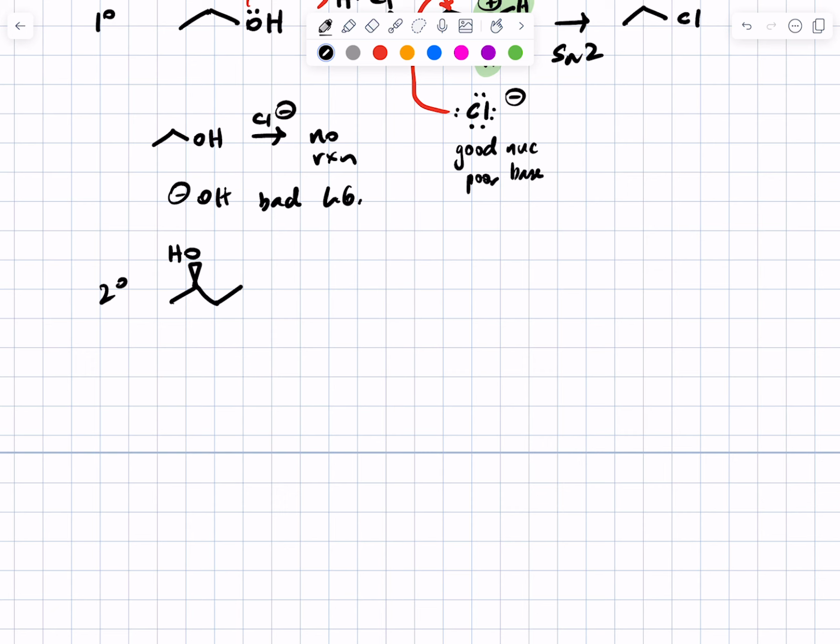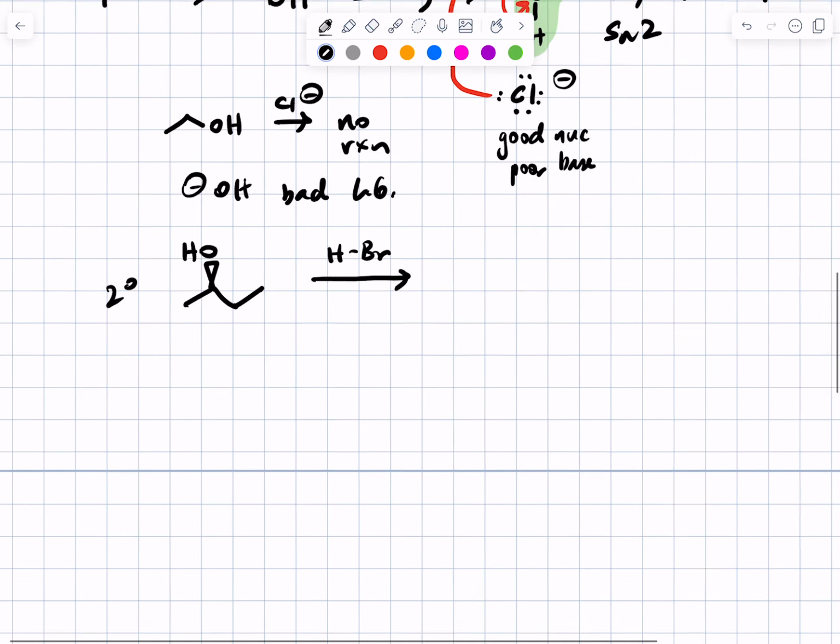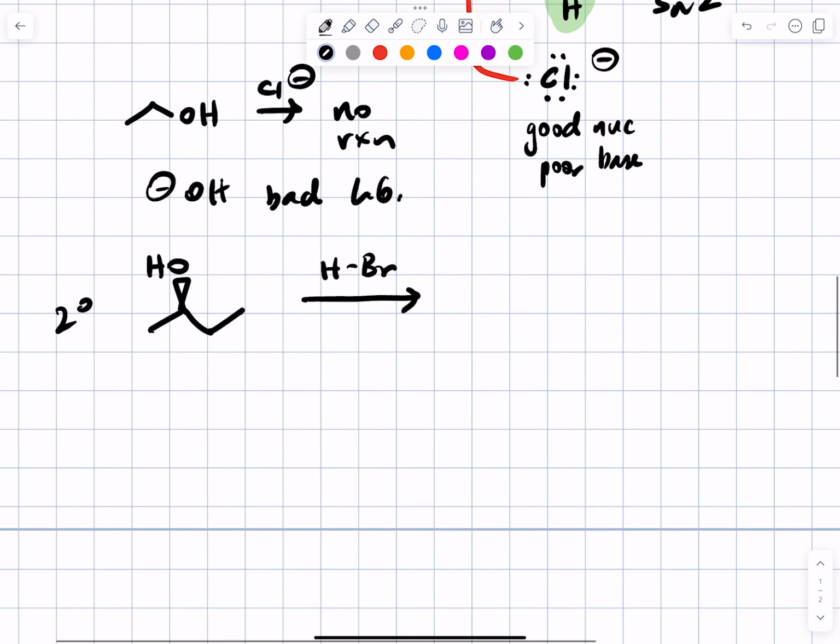Here is a chiral alcohol, and it turns out if I use, say, HBr to first protonate the OH group and then have the Br minus attack, instead of SN2 products, what I observe is a mixture of both enantiomers.